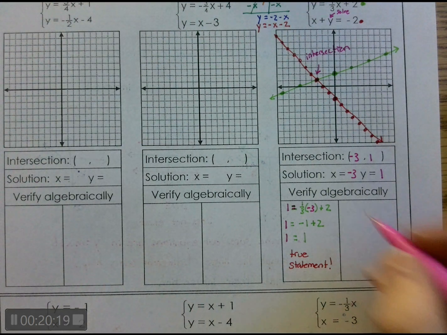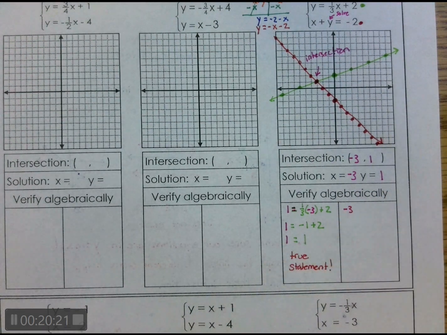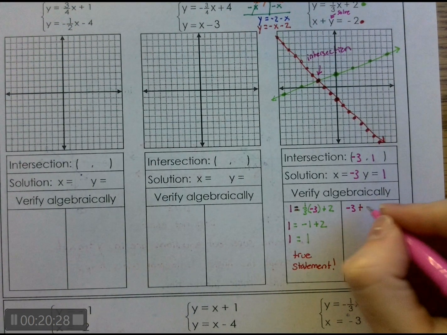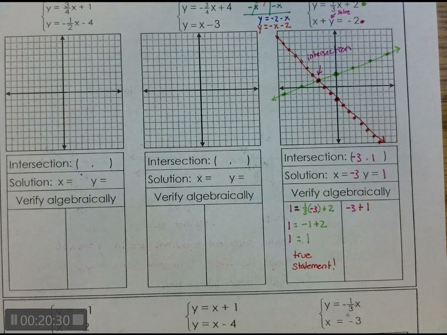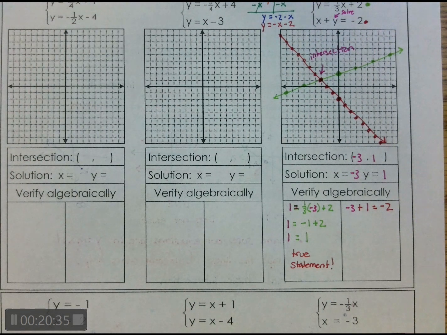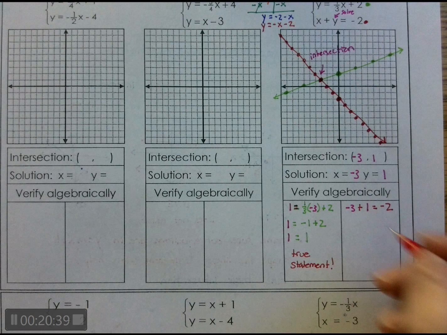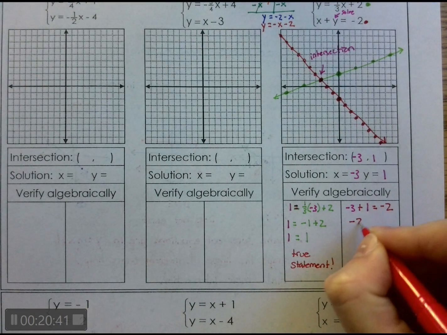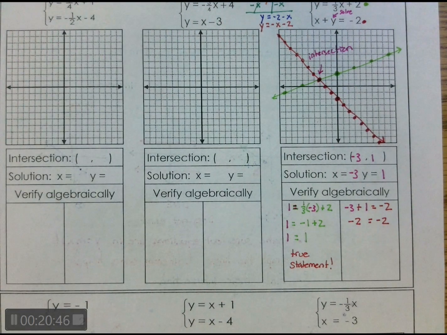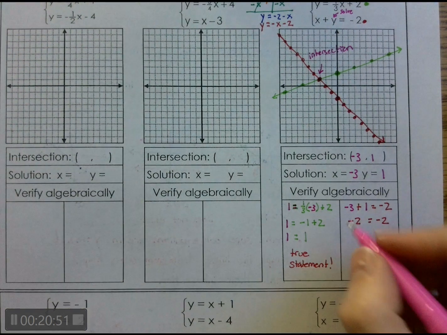So I have my x is -3 plus my y, which was 1, equals -2. -3 plus 1 equals -2, and then bring down your equal sign and your -2. So that one was a lot easier. So this one is also a true statement.